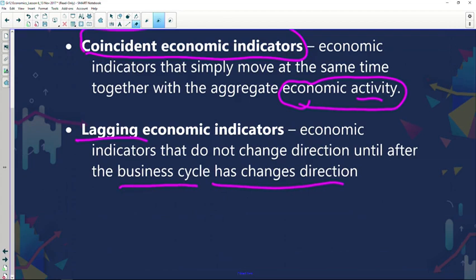Okay, and then we remember when we looked at the business cycle, we looked at our peak over there, and then we said right at the bottom will be our trough, which will be the lowest point in the downswing, and our peak obviously will be the highest point in the upswing. Okay, so also we would look at whether our economy is actually growing or shrinking.